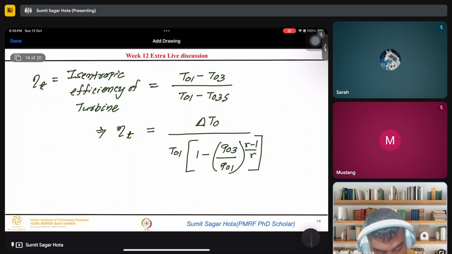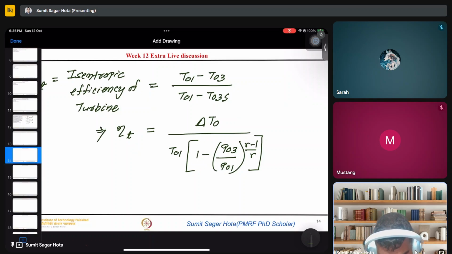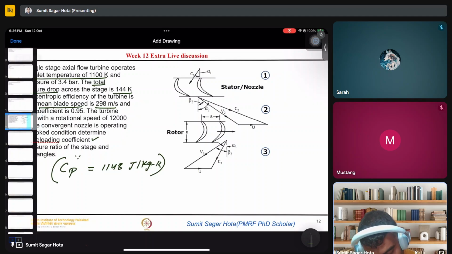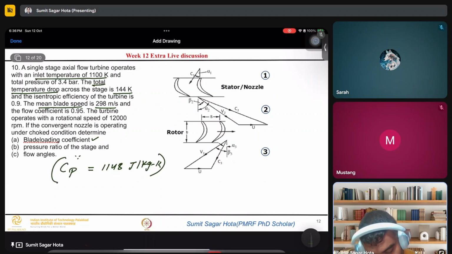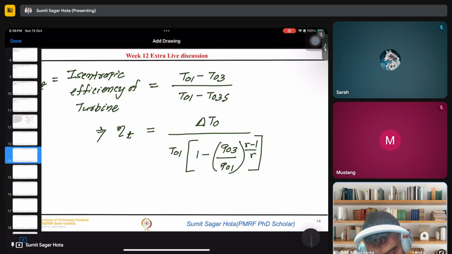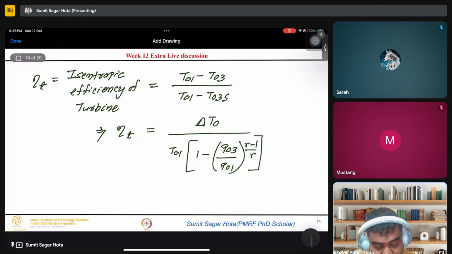But what the question asks is the pressure ratio of the stage. Pressure ratio means we just need P naught 3 by P naught 1. Just take it to the left side, P naught 3 by P naught 1, and convert all other things and put them on the right side.